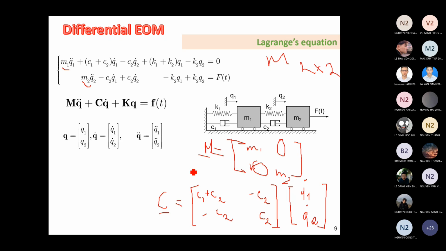And what is the vector of the generalized force? What is it? What form does this vector F take? The matrix K is similar to the matrix C, only K1 takes the place of C1 and K2 takes the place of C2. So what is the vector F?